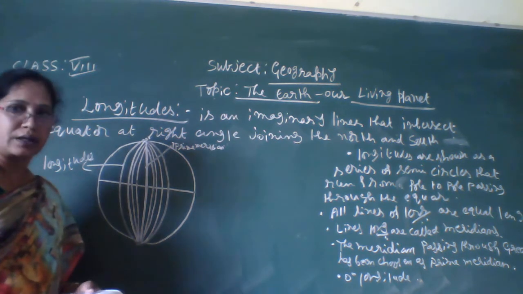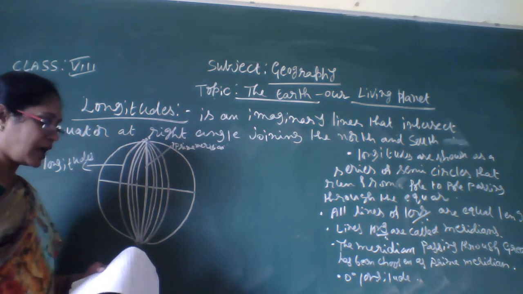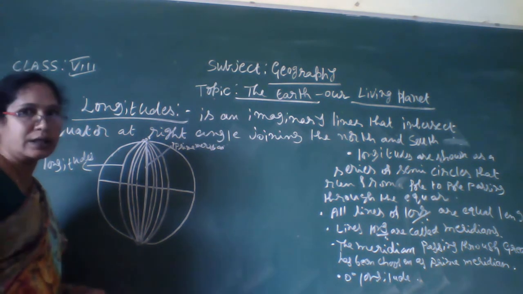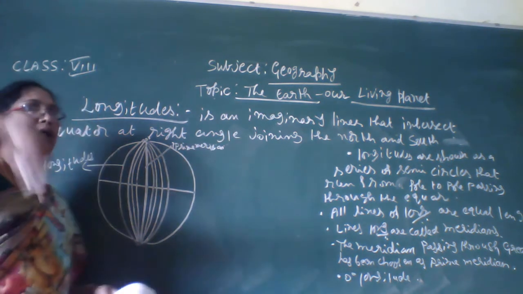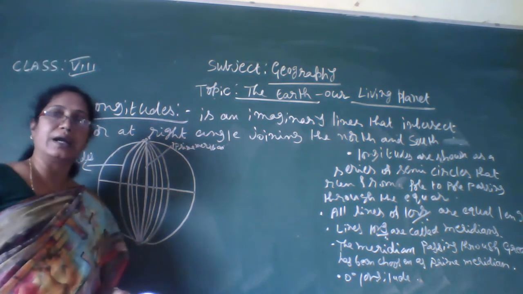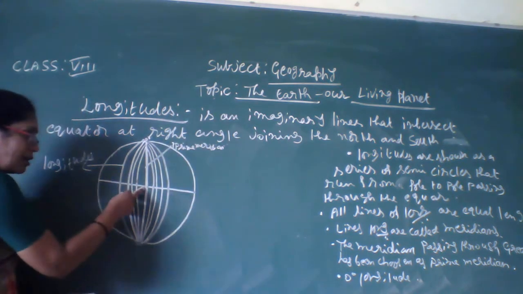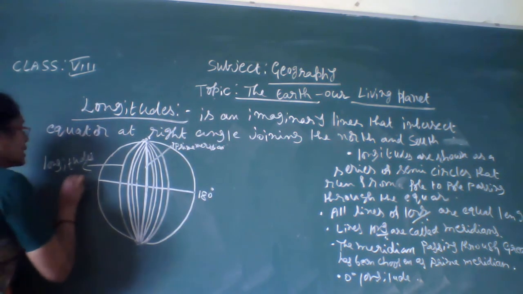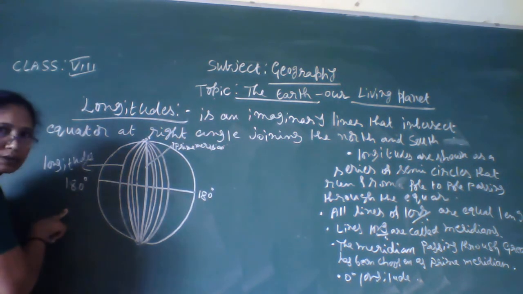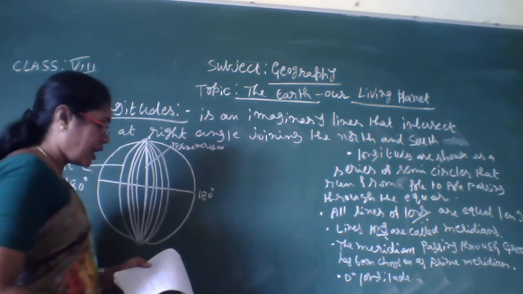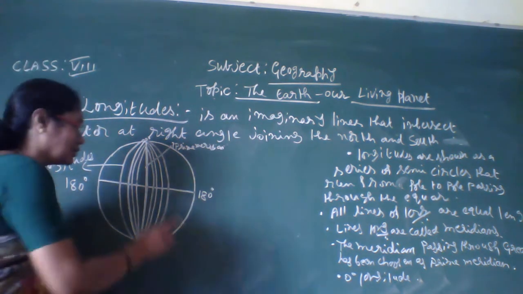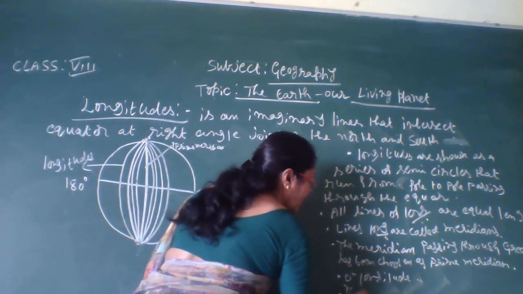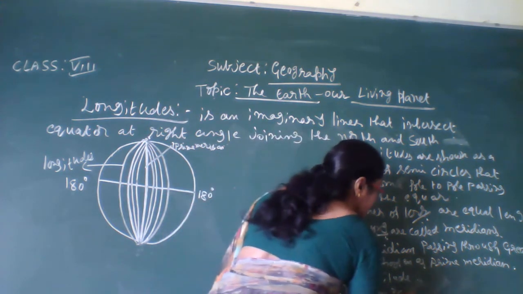It is marked as 0 degree longitude. There are 180 degree longitudes to the east of Greenwich and 180 degree to the west. Just as in latitude we said 90 degrees above and 90 degrees below, here 180 degree longitudes lie to the east of the prime meridian, and similarly 180 degree longitudes to the west. So there are totally 360 longitudes.